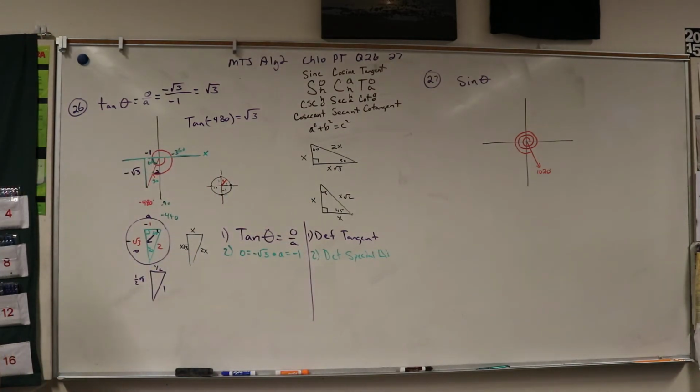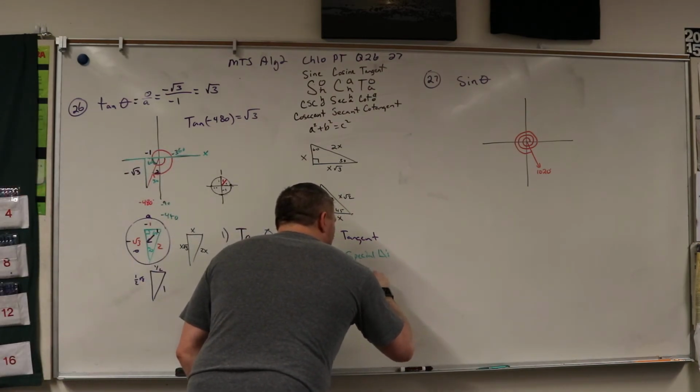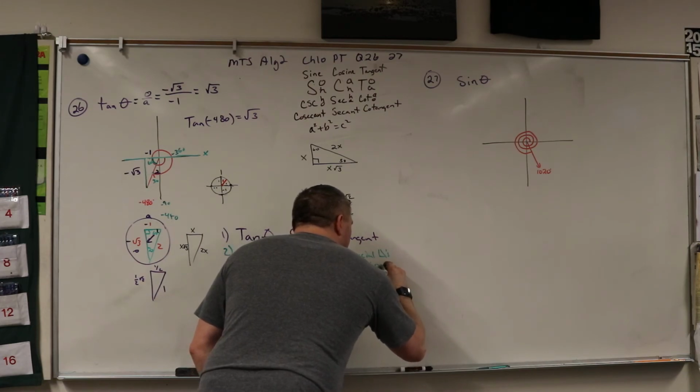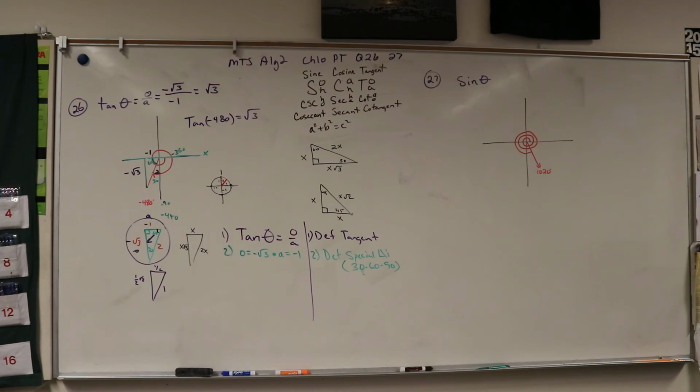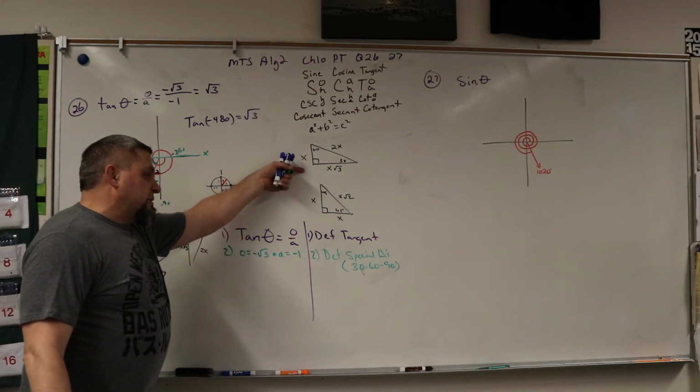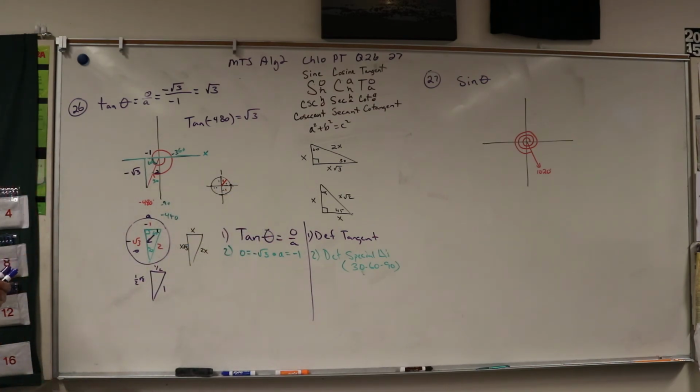What type of special triangles? We just say 30, 60, 90, because there's two types: 45, 45, 90, and 30, 60, 90. So we're just specifying that it's a 30, 60, 90. That's it.